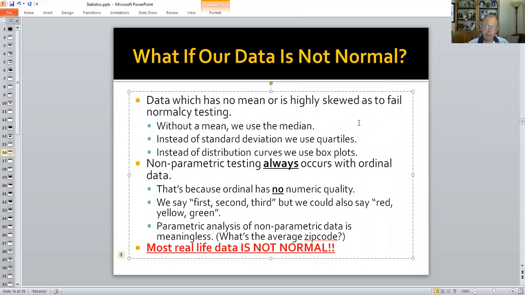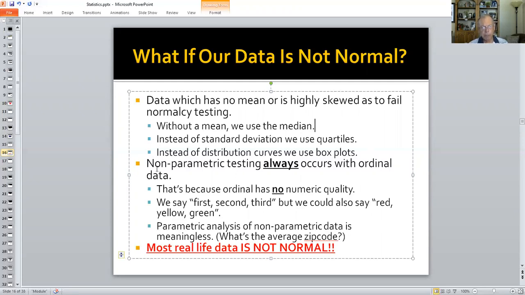The median is the 50th percentile, and it is, as I like to say, the honest average. Because in a true normal distribution, the mean, that is to say the average, the mode, the most frequent, and the median, 50%, are all going to be together. But if you don't have a mean, you have to use the median. If you don't have a mean, you've got to use quartiles, the 25% blocks. And instead of normal distribution curves, we use box plots.